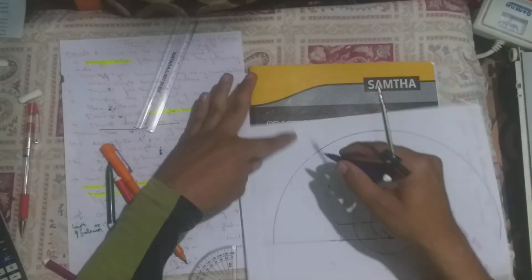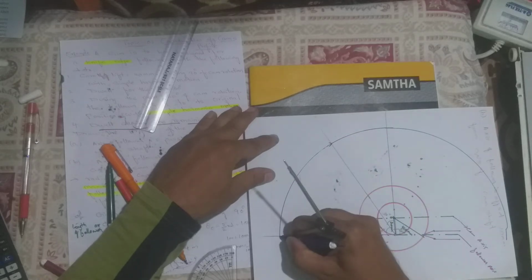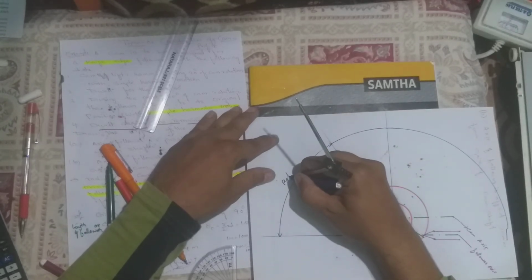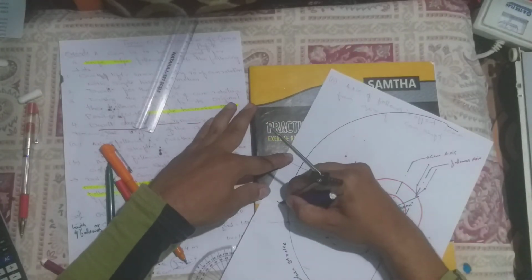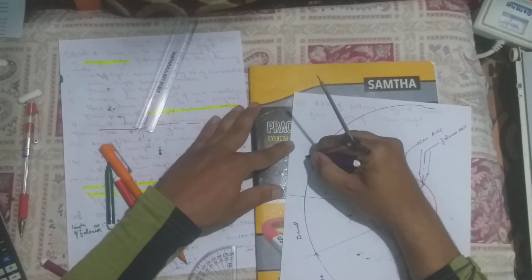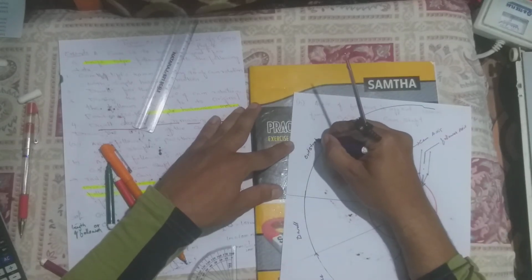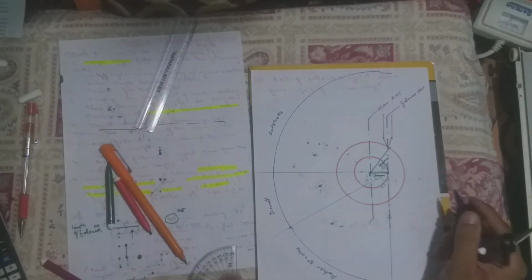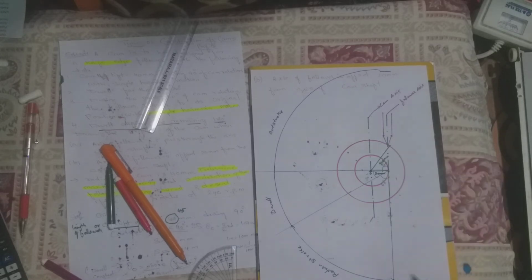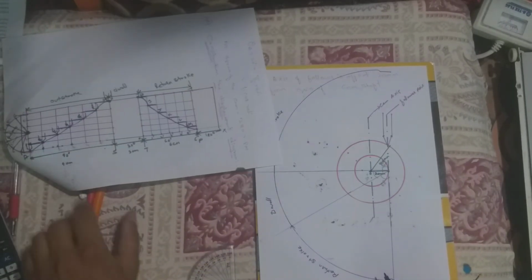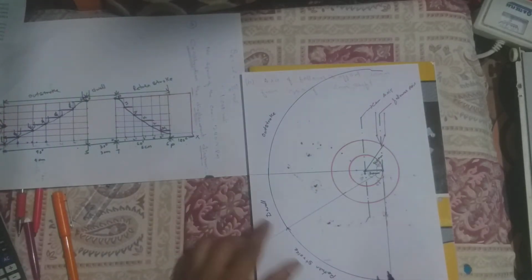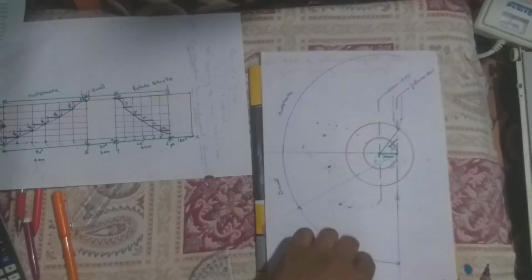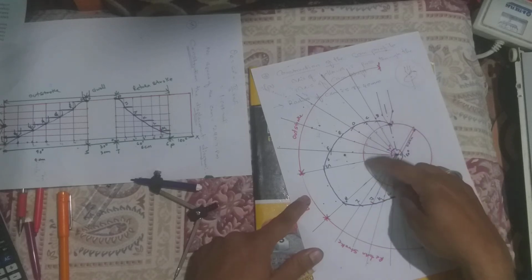I just represented, that's why I am writing here. This is return stroke, and this is outstroke. Then divide 90 into equal parts. How many equal parts? Divide into 6 equal parts as in the displacement diagram. Already we divided in this diagram also. So here 15 is there, due to we divide 15 degrees with 6 equal parts.